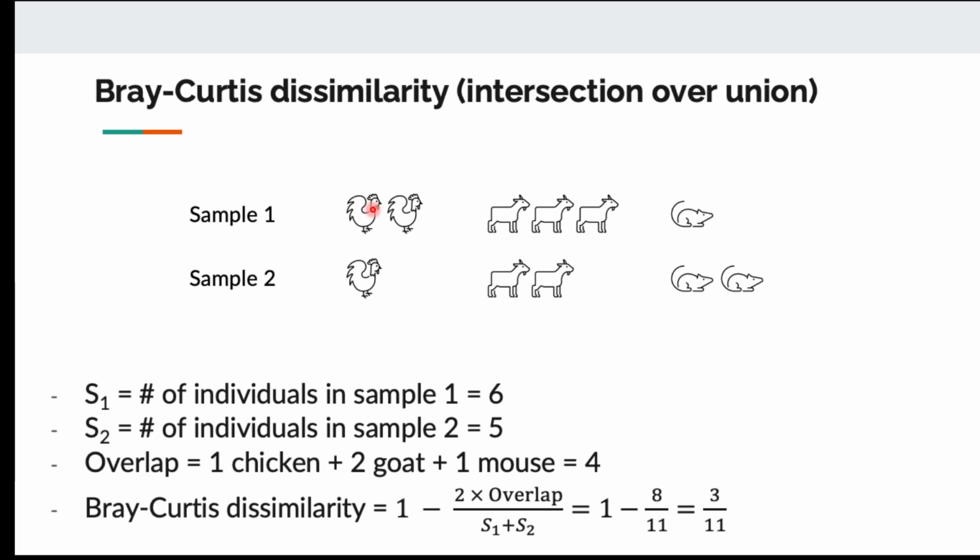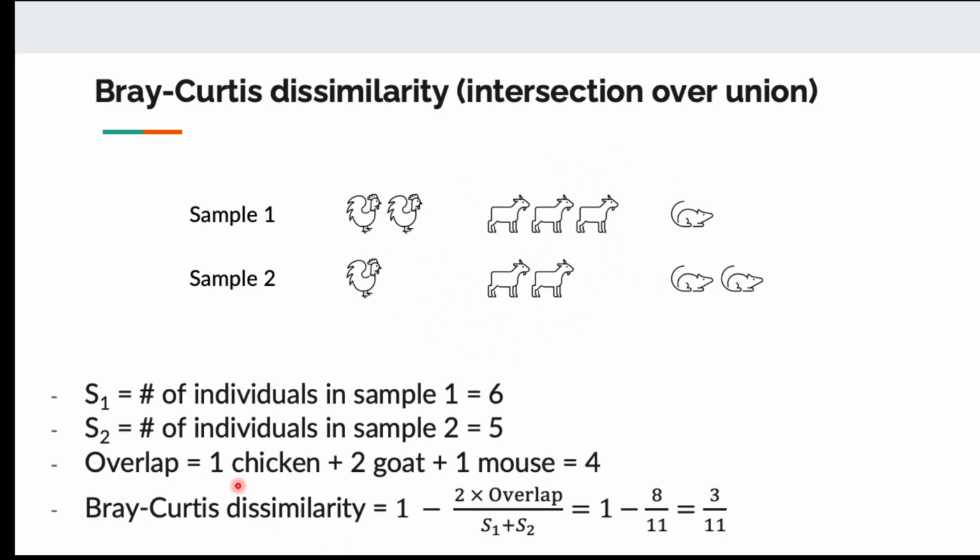If you have different kinds of animal or bacterial composition in the two samples, so these are basically two sets of animals, we want to compute the intersection. The intersection between these two would be 1 chicken, 2 goats, and 1 mouse. So that means the intersection is 4 animals. And the union, the whole thing, contains 11 animals.